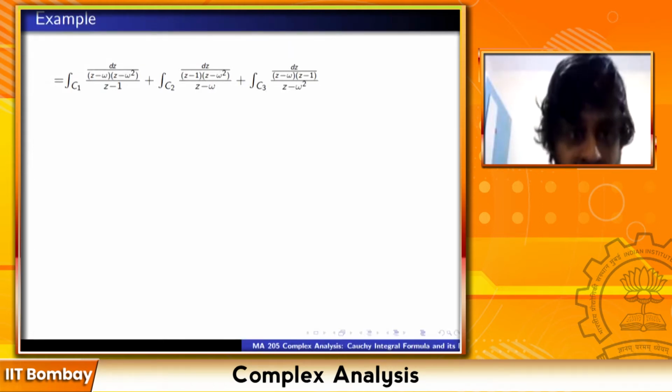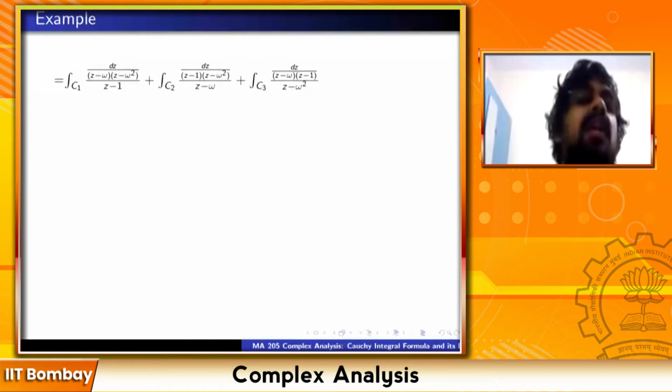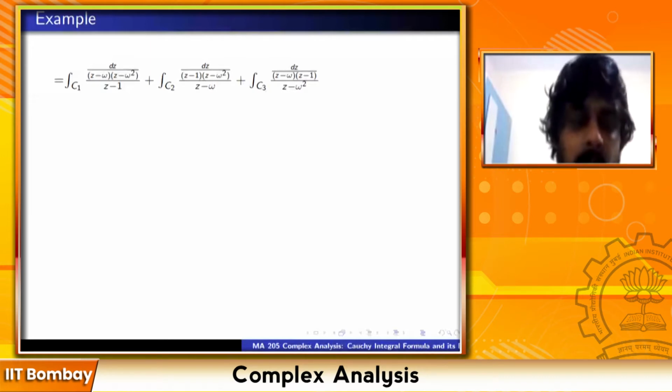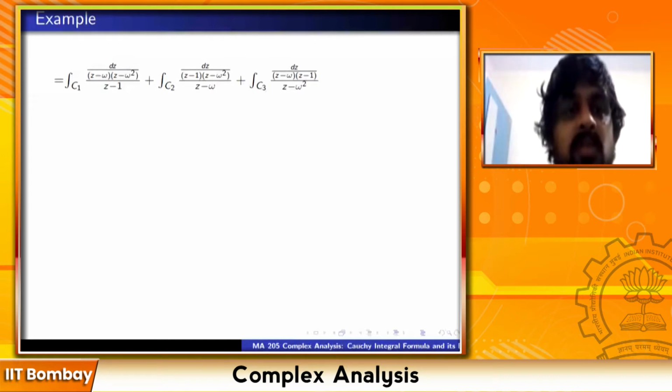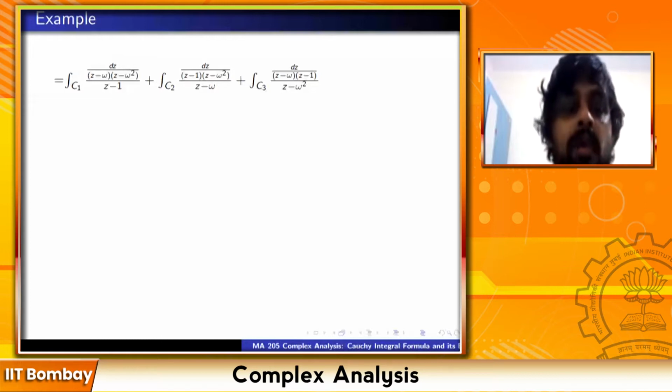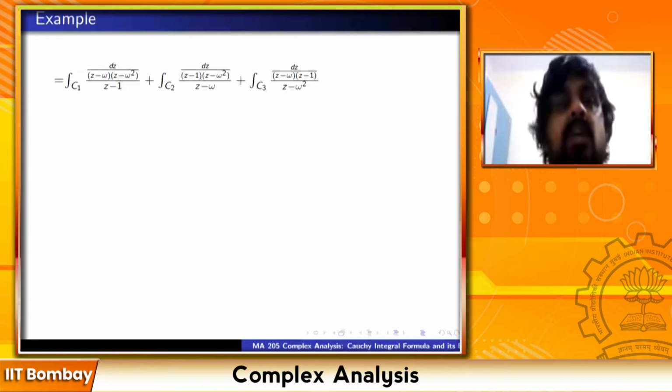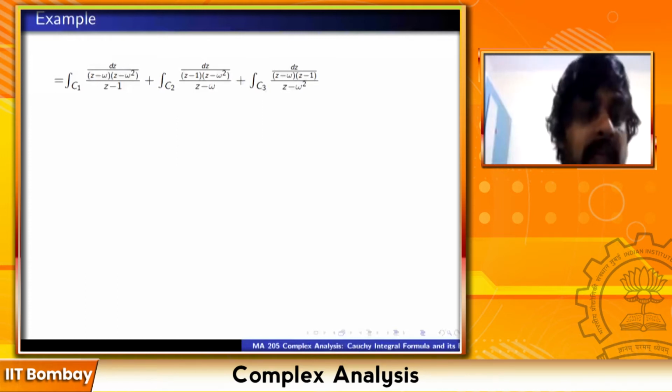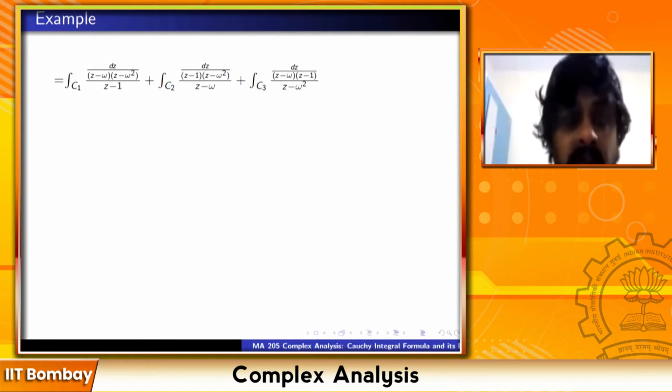Similarly, when I am integrating along C2, 1 upon (z minus 1)(z minus omega square) is holomorphic in the small neighborhood of omega, and 1 upon (z minus omega)(z minus 1) is holomorphic in the small neighborhood of omega square. So I'm just suitably breaking up the integral into something holomorphic upon z minus z naught. That's the shape of the integrand in every case.